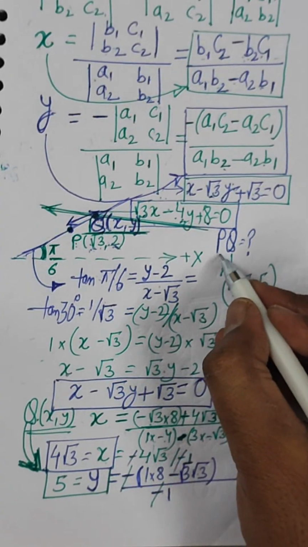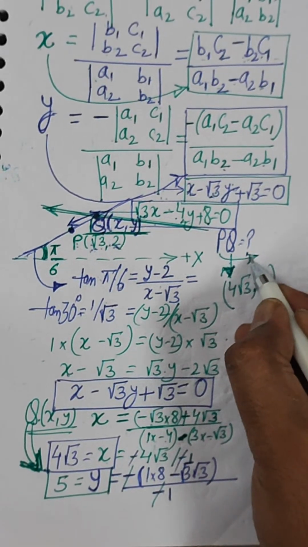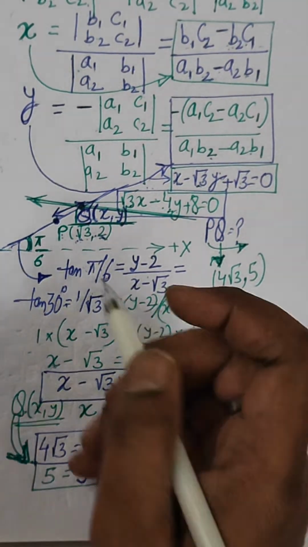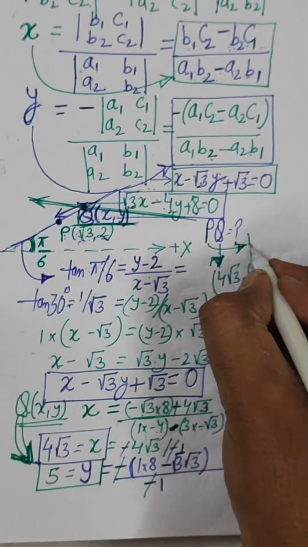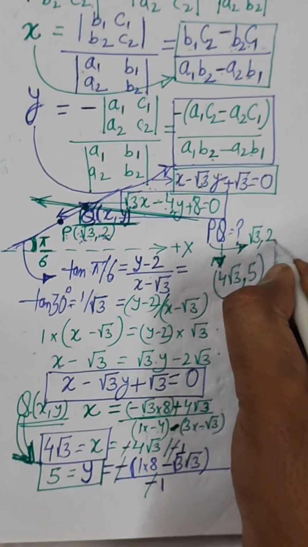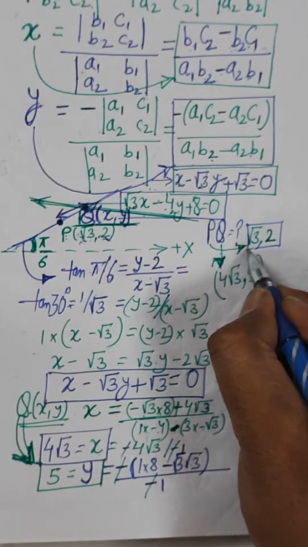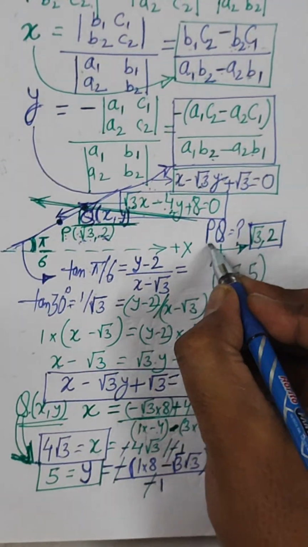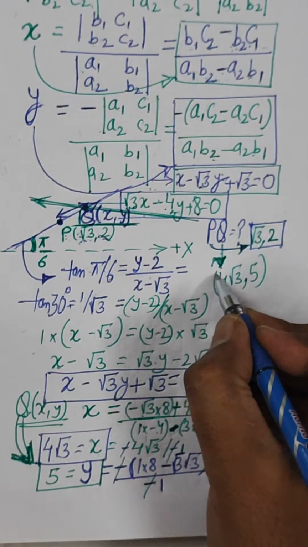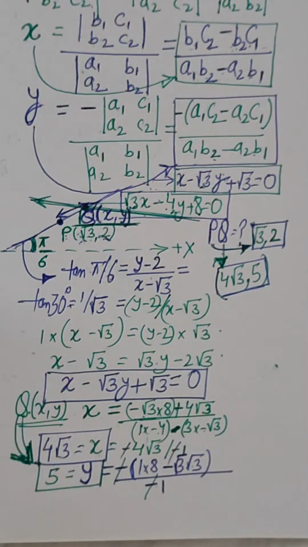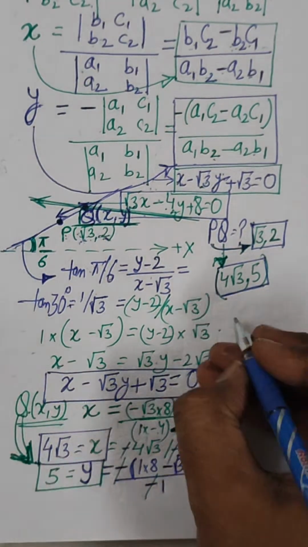The coordinates of P are already known to you, and that is root 3 comma 2. So these coordinates are known to you, this is for P and this is for Q, right? Then what will be the length of PQ, that is asked.